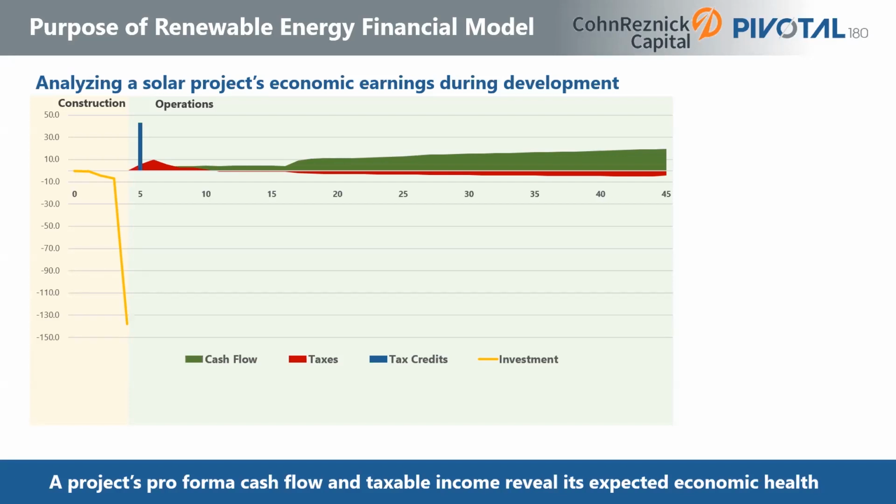I've assumed MACRS depreciation instead of 100% bonus depreciation that can also be elected for solar projects, and that's what's shown here. MACRS is typically the convention that's used. Blue will be used for project tax credits that are earned at the start of operations, as I said, for solar projects.